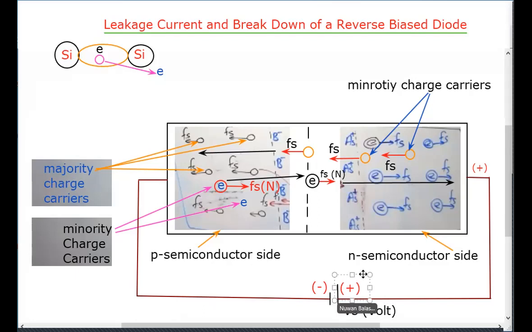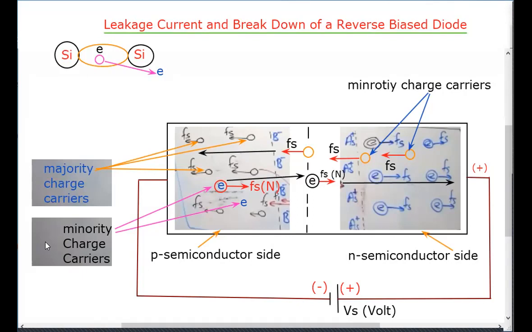Okay, dear. Yes, sir. Right. Somebody please read that point also. Similarly, the minority charge carriers, within bracket holes, in the n semiconductor side are moved from N to P across the junction due to the forces formed on them.